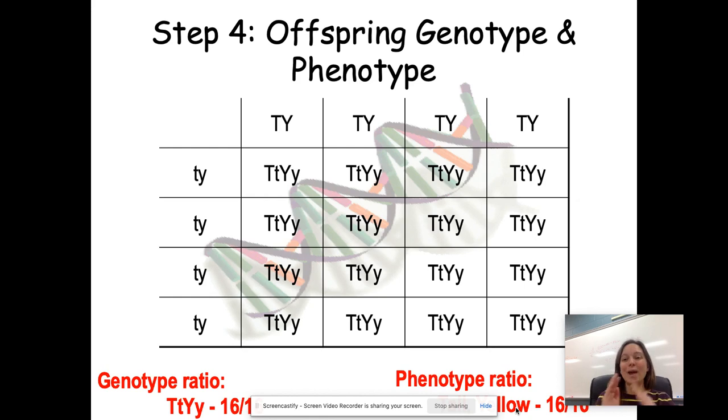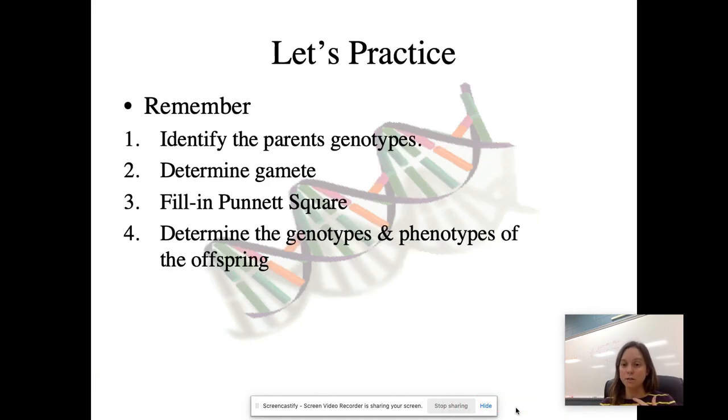Okay, so they're yellow and tall, as opposed to yellow and short, or green and short, or green and tall. So 100% of them are going to have the yellow and tall combination. So this is how we fill out a dihybrid cross.